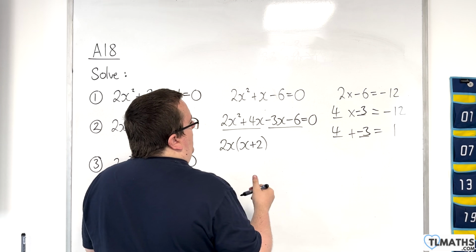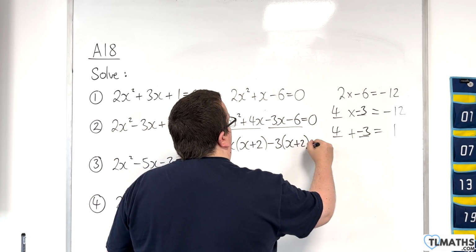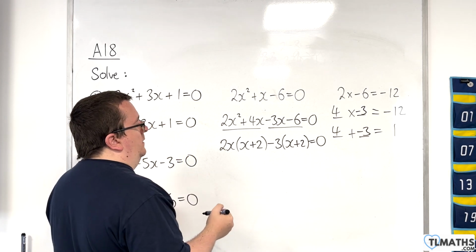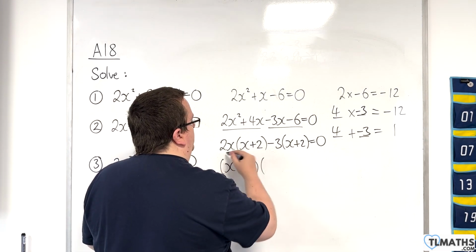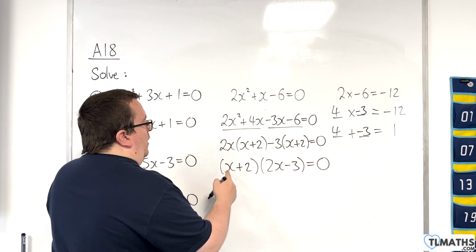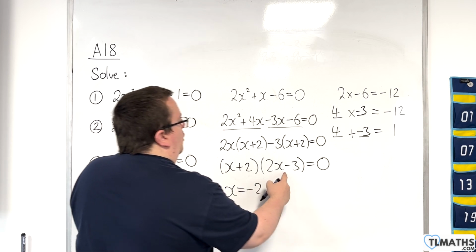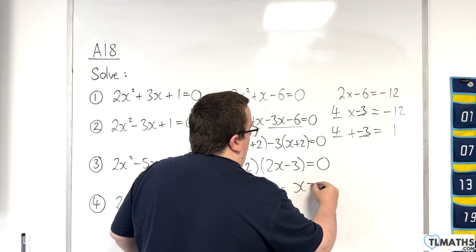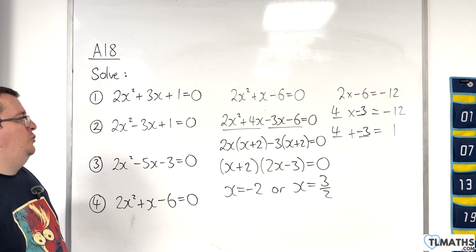These two terms both have minus 3 as a factor, and then you can have x plus 2 inside your bracket. So then x plus 2 is one of the factors, 2x take away 3 is a factor. So either this bracket is 0, in which case x is equal to minus 2, or this bracket is 0, in which case x is equal to 3 halves. And they are our solutions to number 4.